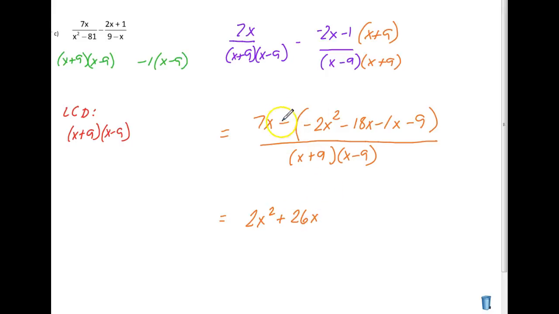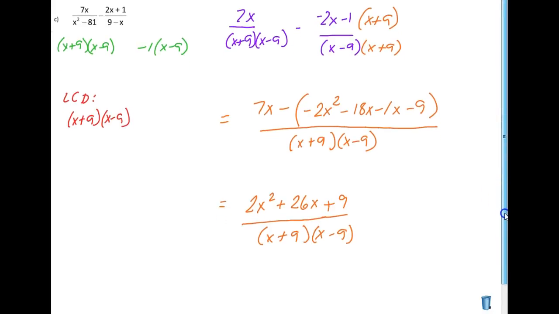And then I have, again, I'm carrying that negative through to this 9, so that's plus 9. And I keep the denominator the same, x plus 9 and x minus 9. Now again, remember you should check to see if you can factor that numerator, but in this case you can't, so we're just going to go ahead and leave it.